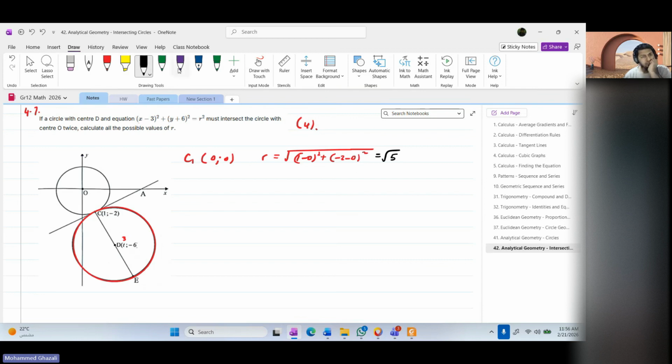Now, center C2 is basically, well, that actually has a center, which is O. And center D is 3 and negative 6, right? And capital R is unknown.